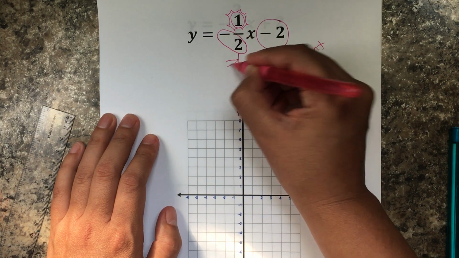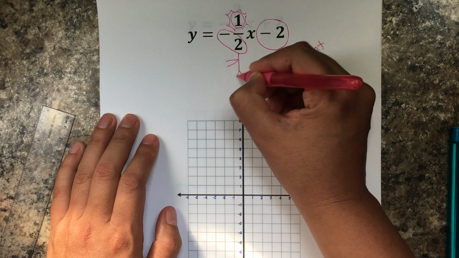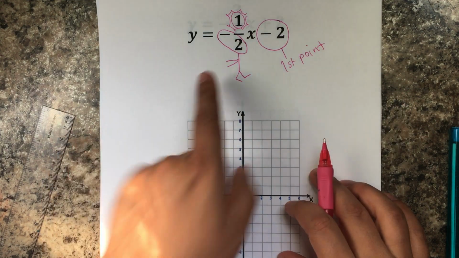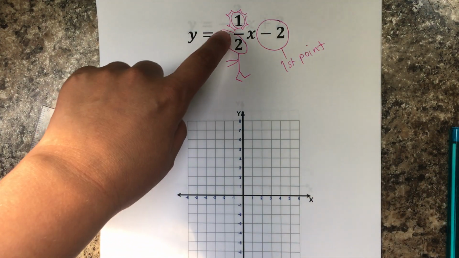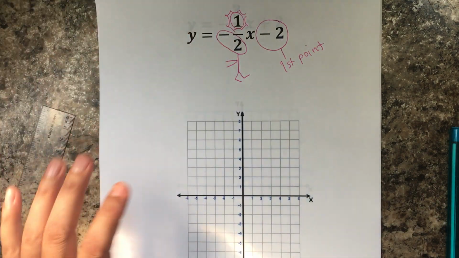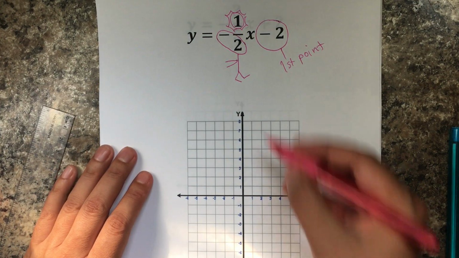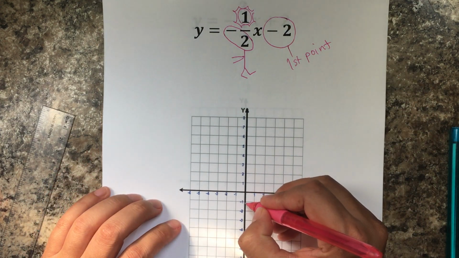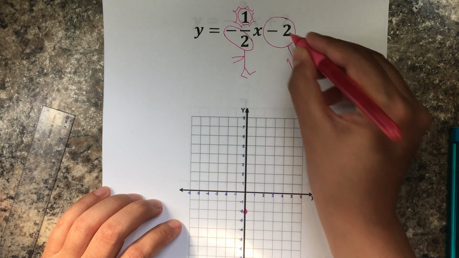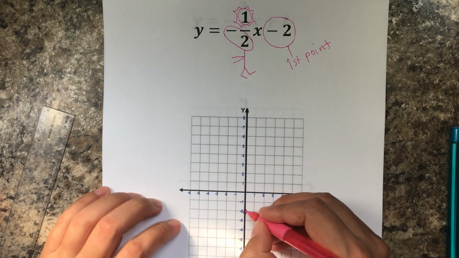So that means that I'm gonna run to the left, right? It's going to the left now because it has a negative. Some people decide to put it on top. I'll show you that it's gonna be the same thing. It doesn't matter. So my first point is -2, always on y. That is my first point.